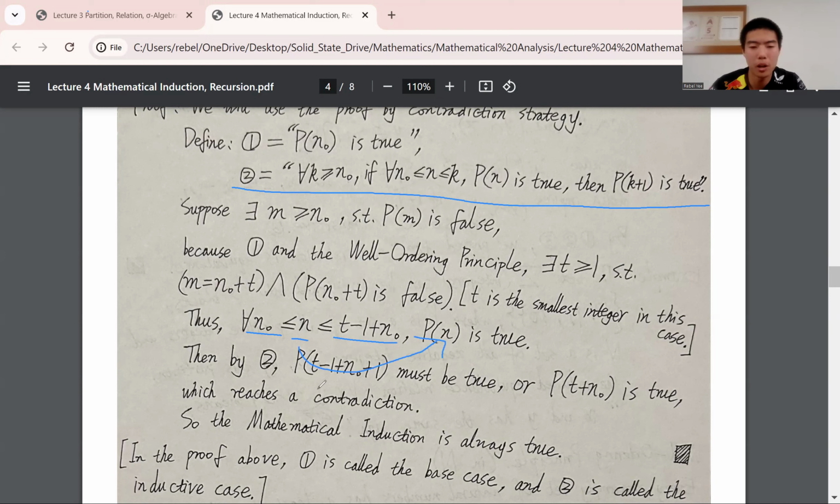And k is equal to t minus 1 plus n0, and plus 1 again gets cancelled with the negative 1 here, and we get that P of n0 plus t is true. And this is a contradiction to what we supposed before, that P of n0 plus t is false. So it reached a contradiction. So our assumption must be wrong, and mathematical induction is true by proof by contradiction.